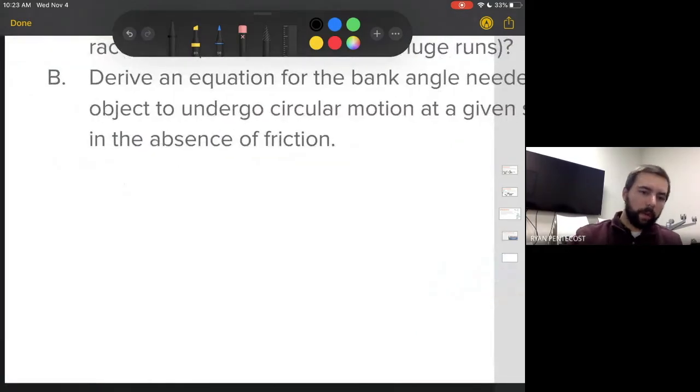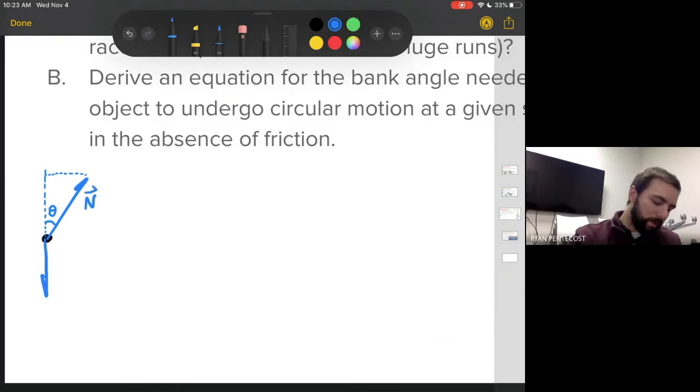So we have R, and then we have a normal force coming up at some angle, and we will say that that is an angle relative to the vertical. So that is our normal force. And then we also have our gravity, our mg. And there's no friction, so there's nothing left.